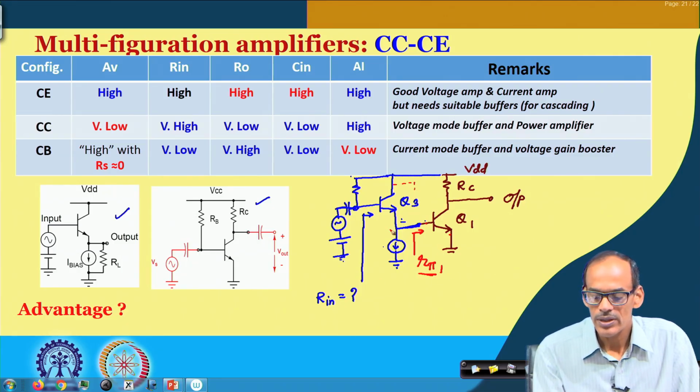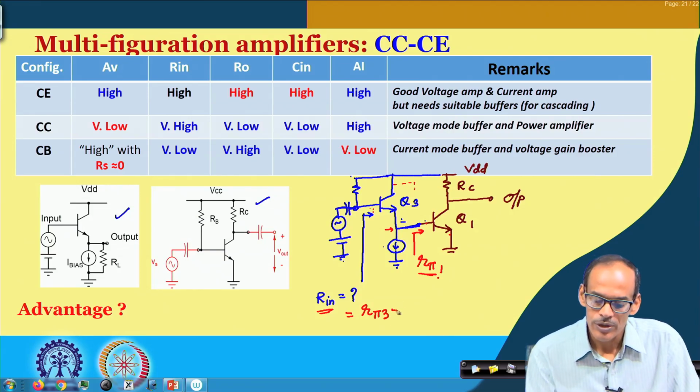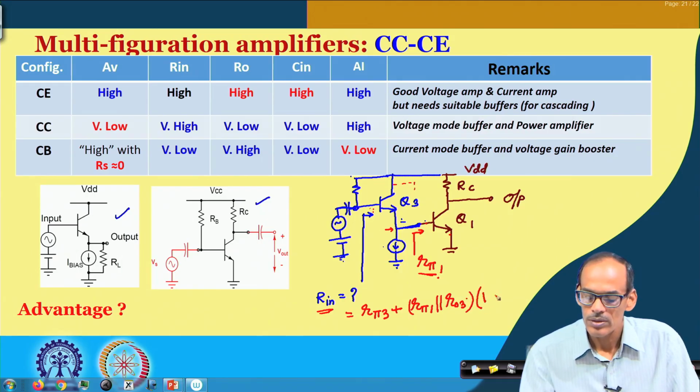So at this node we essentially have R pi 1, and the input resistance at this point will be R pi 3 plus R pi 1 in parallel with R O 3, though as I said you may ignore it, which is multiplied by 1 plus beta of transistor 3.